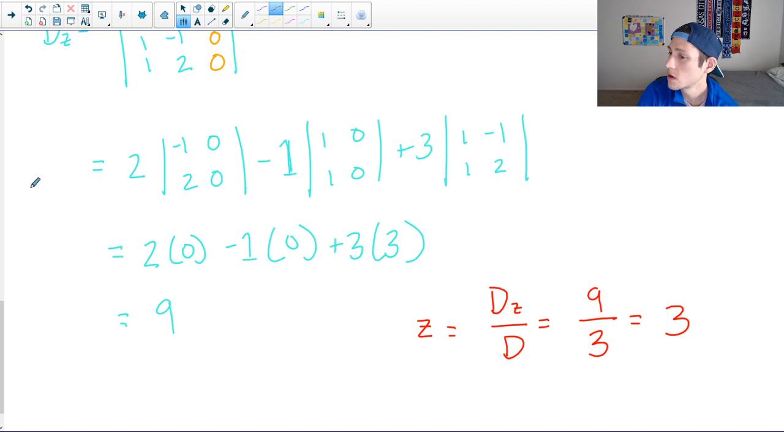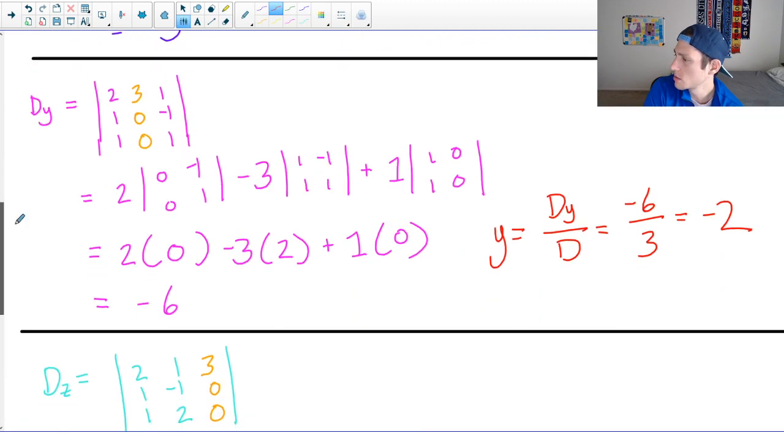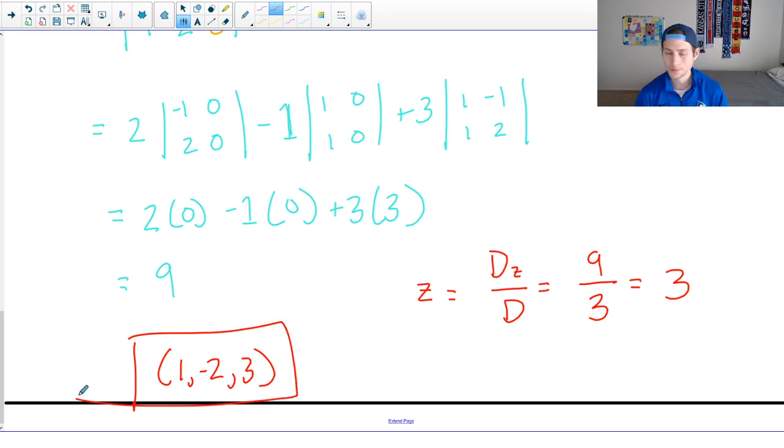So we've solved for x, we've solved for y, we solved for z, and we get that our final answer is, wait, not negative 1. X was positive 1, right? Yeah, x positive 1, y negative 2, z 3. We solve the system. X, Y, Z.